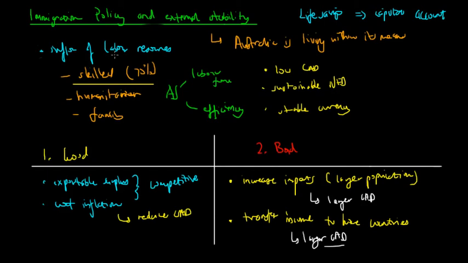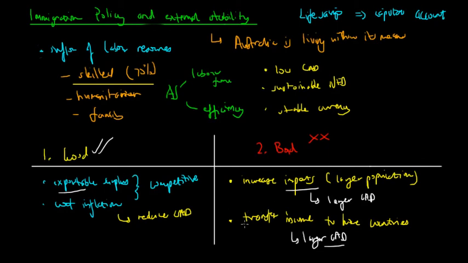So although we can see that there are good qualities of immigration policy, there are sometimes bad qualities involved in the achievement of external stability. We've got to balance out whether our exports are actually more than our imports, and whether this reduction in cost inflation is sufficient to make us internationally competitive with overseas firms.